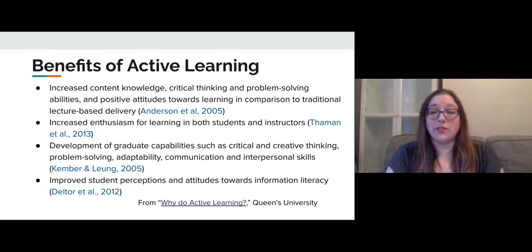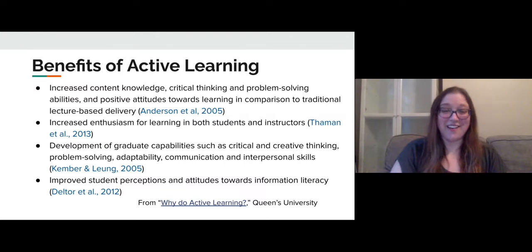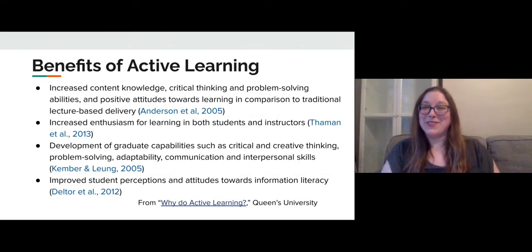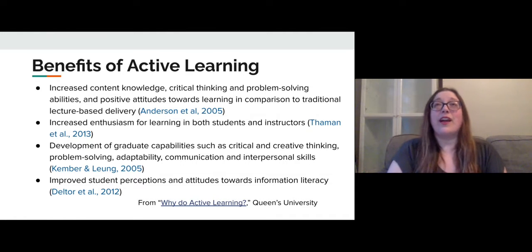Increased enthusiasm for learning in both students and instructors. Development of graduate capabilities such as critical and creative thinking, problem solving, adaptability, communication, and interpersonal skills, and improved student perceptions and attitudes towards information literacy, which is something I feel like we would all like our students to have improved attitudes towards.